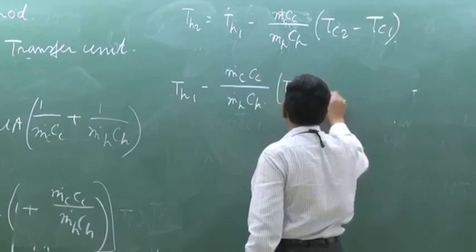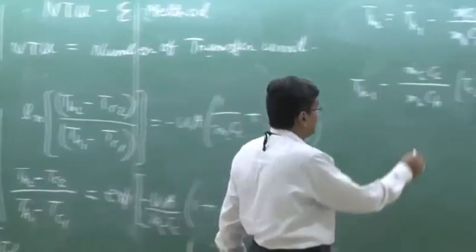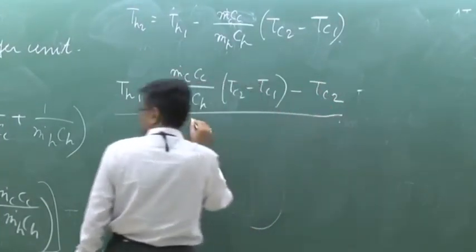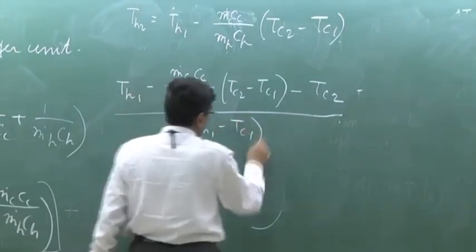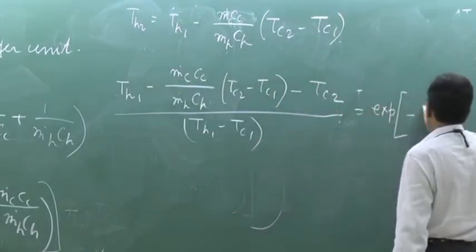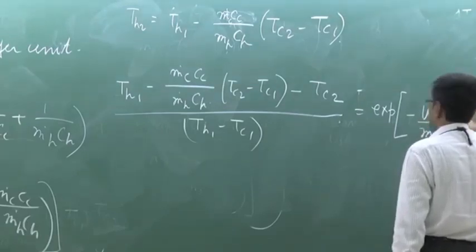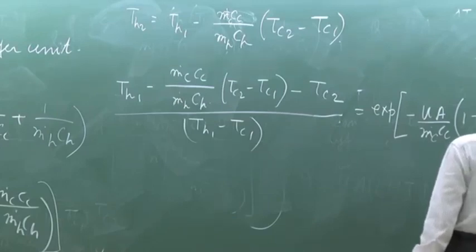Then Th2 minus Tc2 divided by Th1 minus Tc1 is equal to exponential of minus UA by m dot cCc times 1 plus m dot cCc divided by m dot hCh.